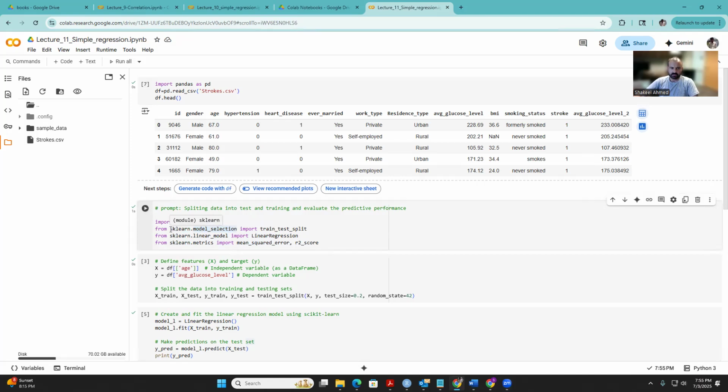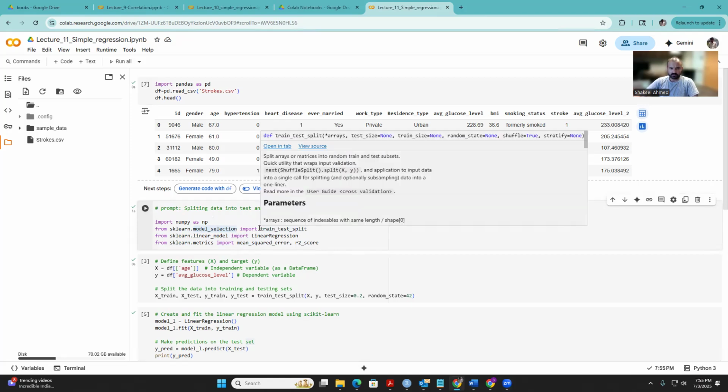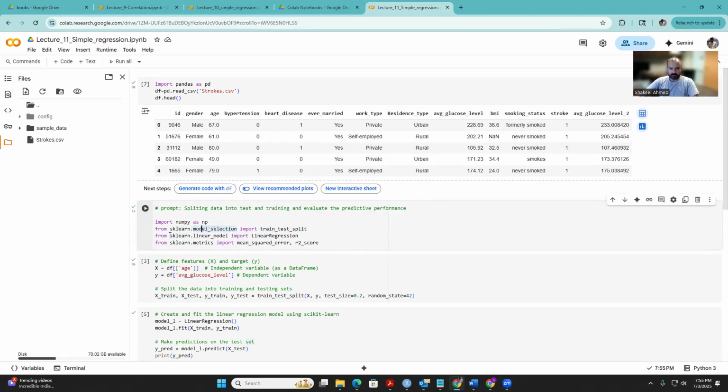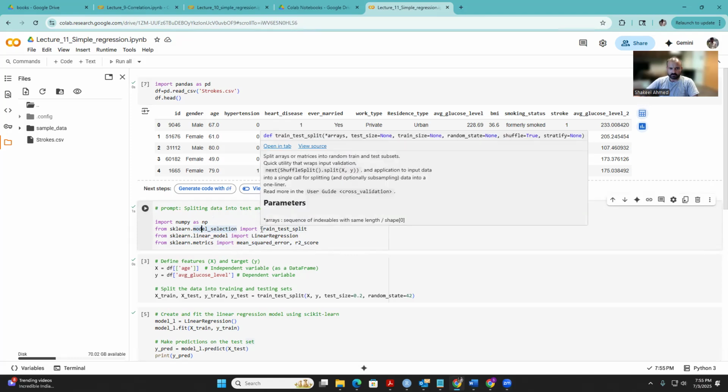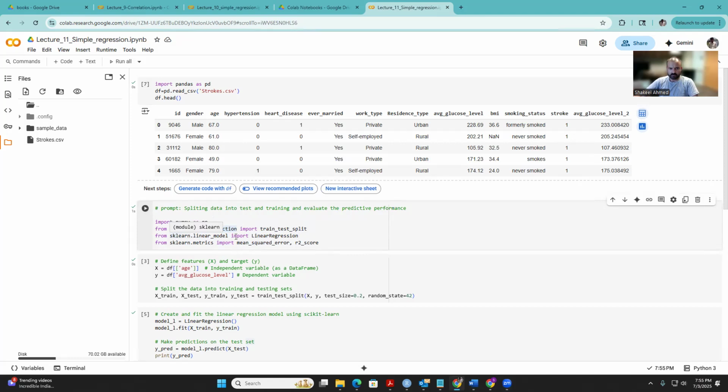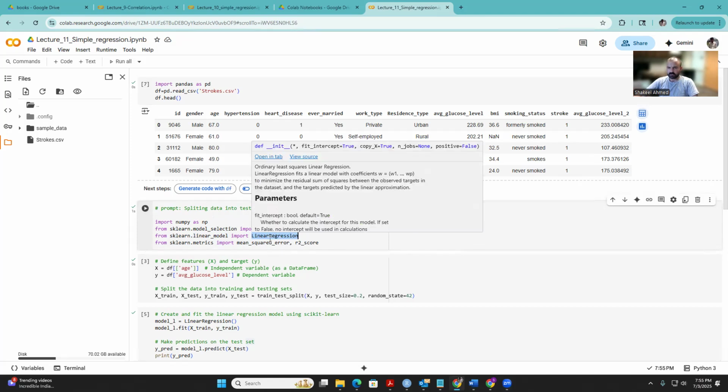From sklearn model selection, we import train test split, and from sklearn we import LinearRegression. If we need to model a categorical or multinomial variable, then we go for generalized linear models and other classes of models.